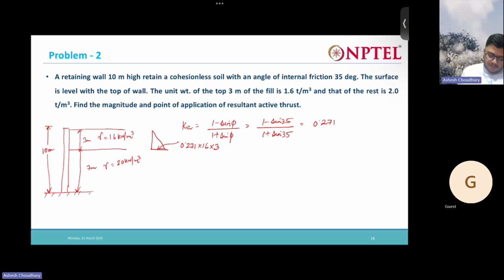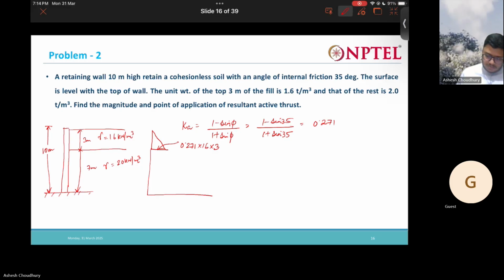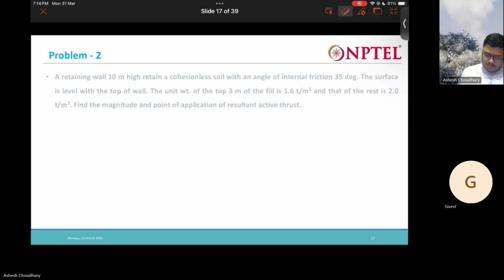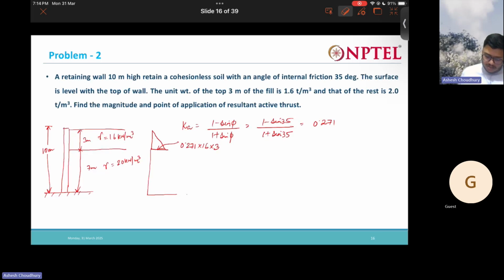And for the bottom, this one will be how much? 0.271 times 16 into 3 plus 7 into 20.